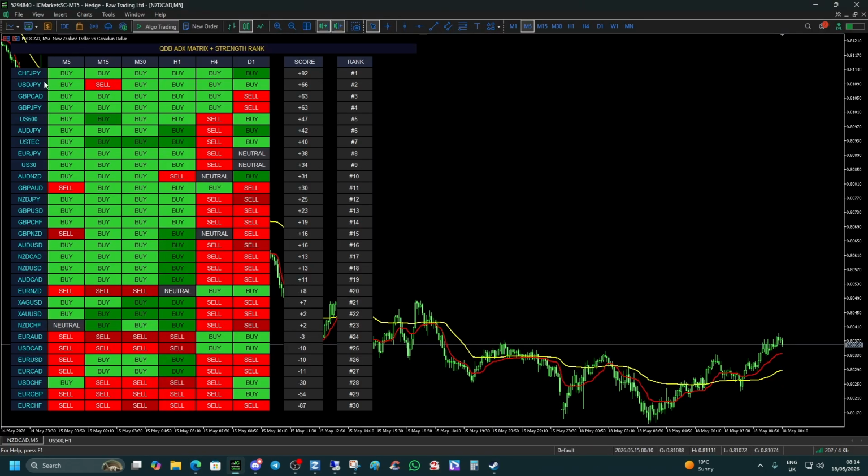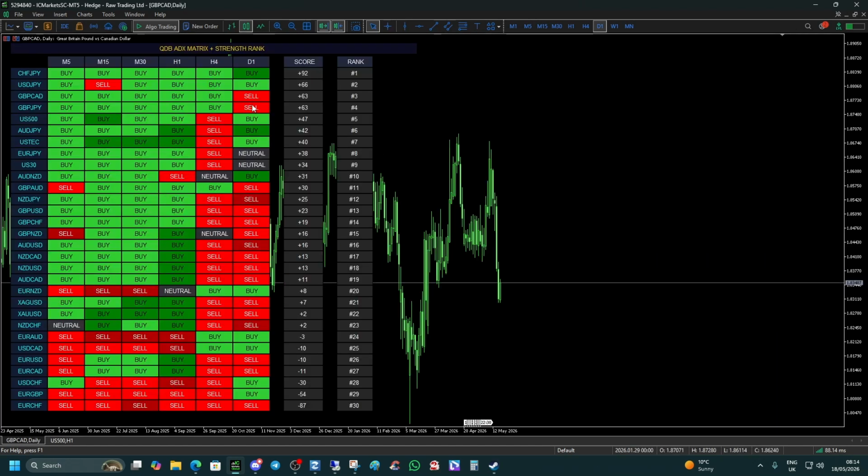So we're looking at perhaps some yen weakness up here at the top, Swiss yen, dollar yen, pound CAD. I'd probably be wary about that pound CAD because of the politics and also the oil as well. Oil's been pumping a lot, and pound yen. However, do note on the daily, we're quite bearish.